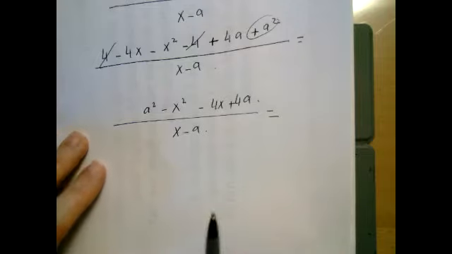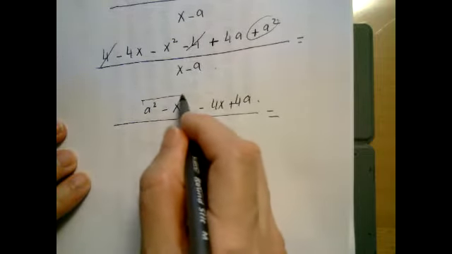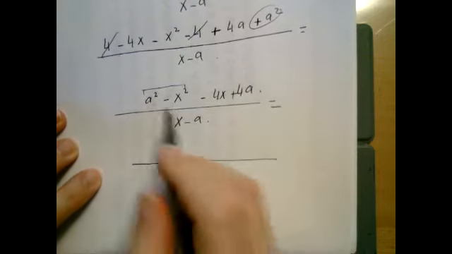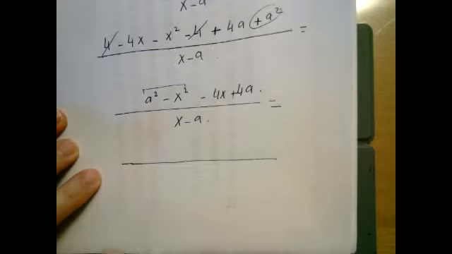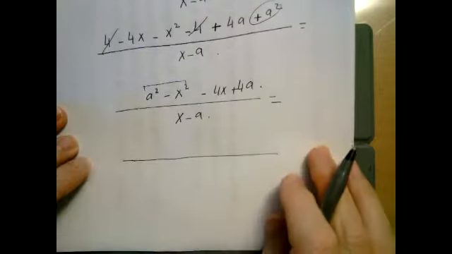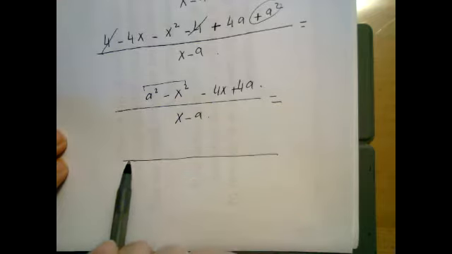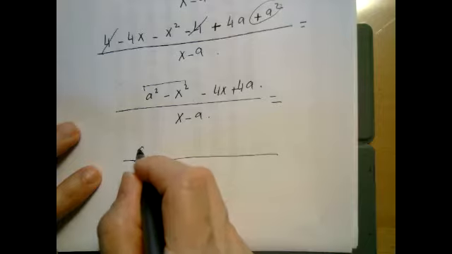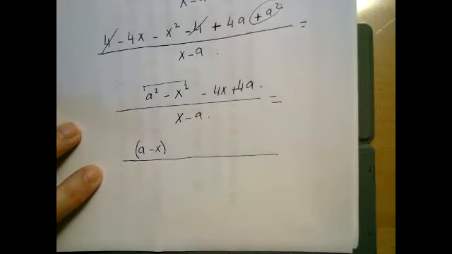Okay, the way we're going to factor it is like that. This expression here, a squared minus x squared. How can I factor it? Anybody remember? That's the difference of squares. How would it be factored? a minus x, a plus x.